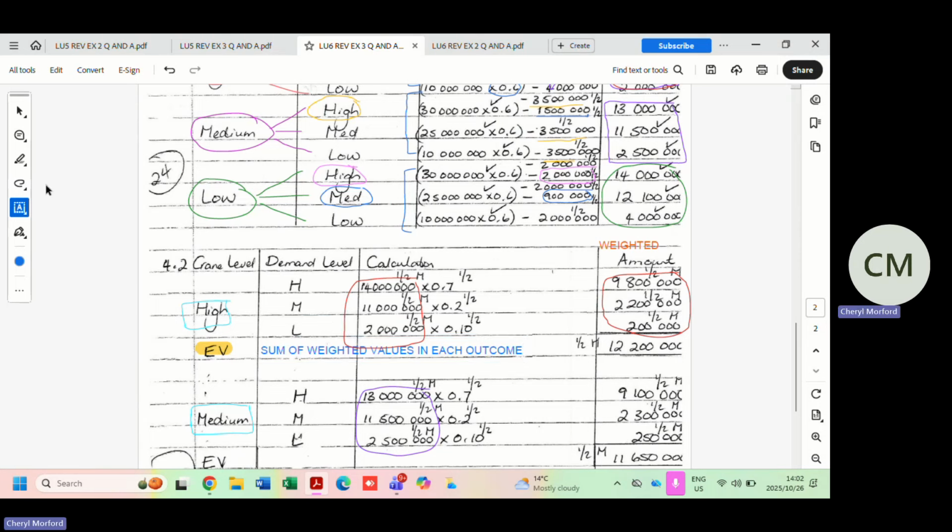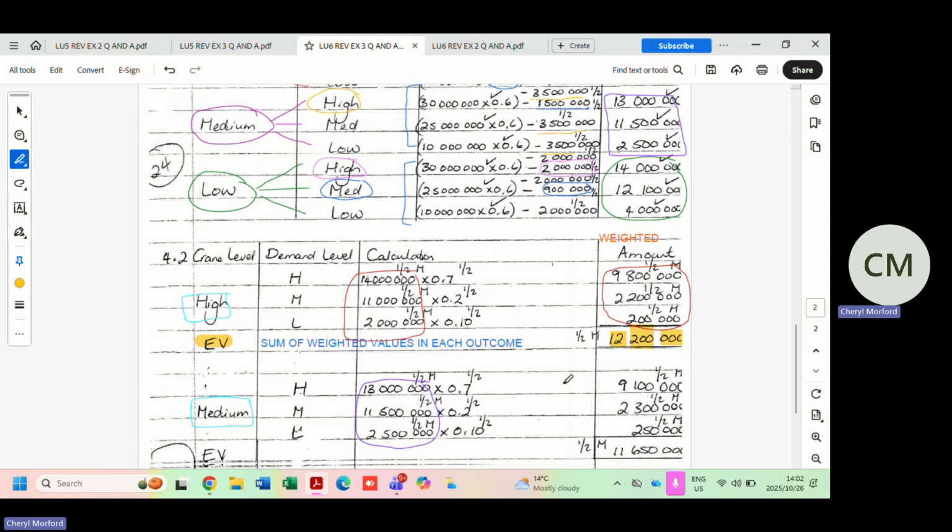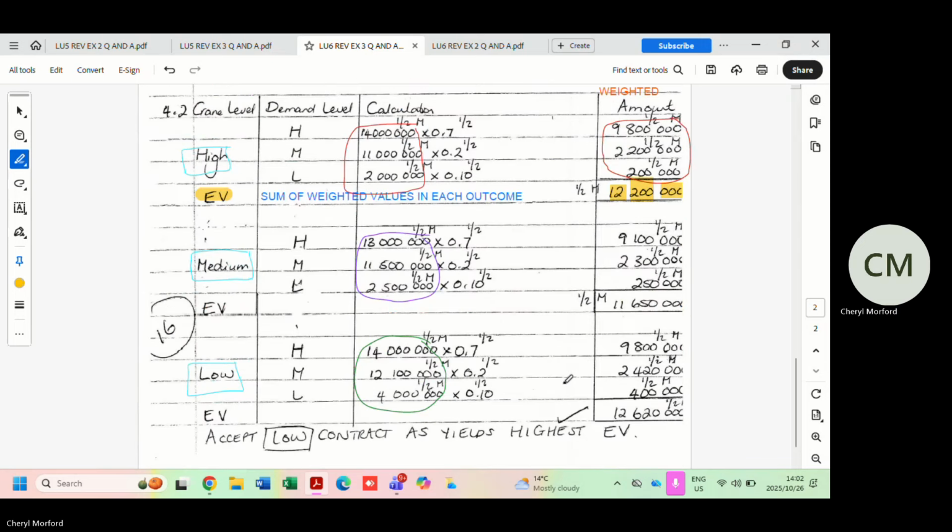So those amounts that we have just worked out, we're going to add them. And that is that answer. Then we're going to do the same for medium, same for low, and all I'm interested in now is the sum of those weighted values over here.